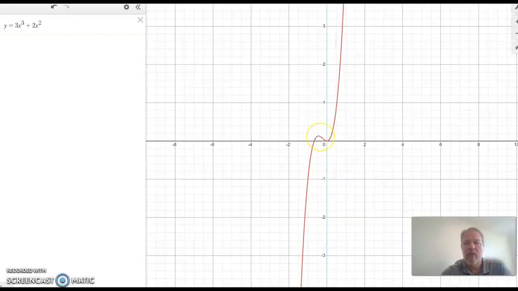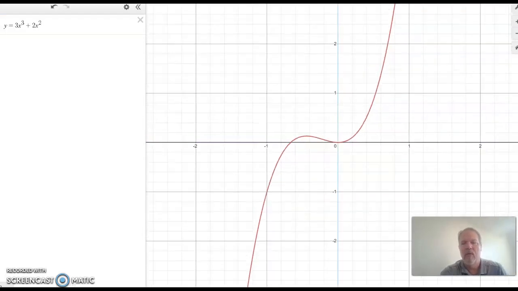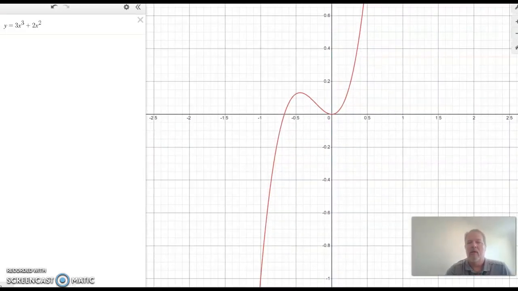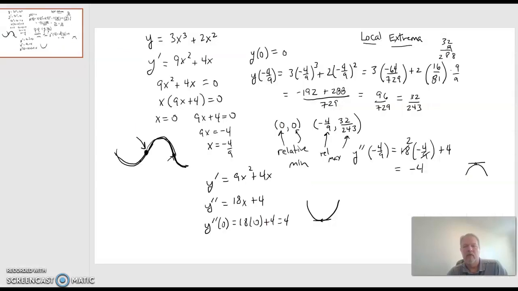Let me blow it up. And notice the relative min does occur at 0, 0, and the relative max occurs up here at negative 0.444, 0.1317.